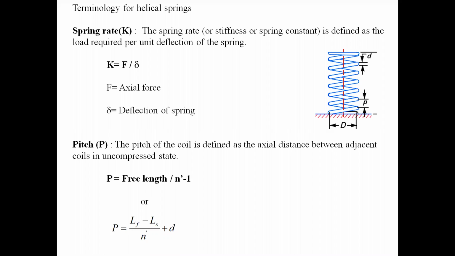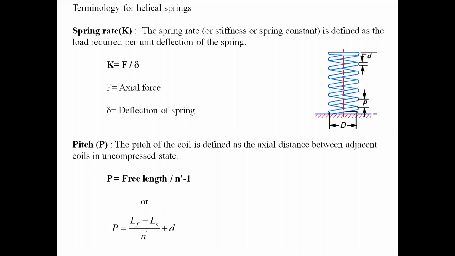So how can we find the pitch? We can find it in a very simple way. We know the free length divided by the number of coils minus 1, so that will be the pitch of that spring. Or we can have one more equation: free length minus solid length divided by number of coils, plus the wire diameter d.